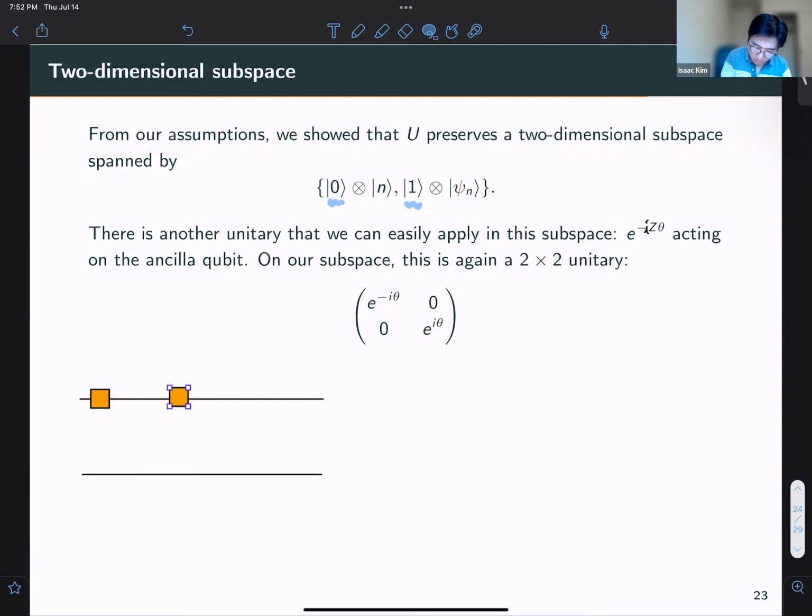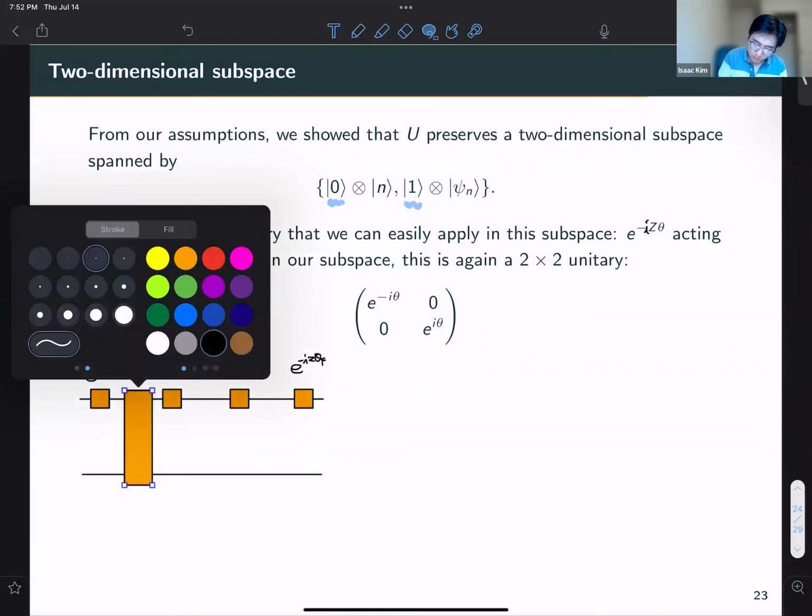These orange colors mean these single qubit gates: e to the minus i Z theta 1, e to the minus i Z theta 2, e to the minus i Z theta 3, e to the minus i Z theta 4. And this other thing, let's try one more time. Good. It's a different color for this.